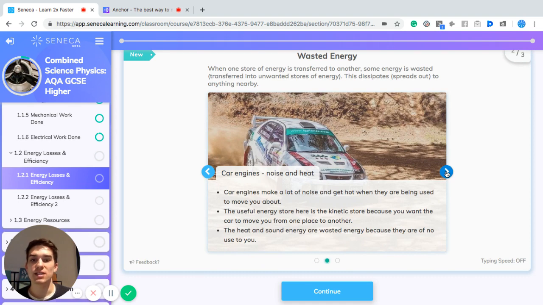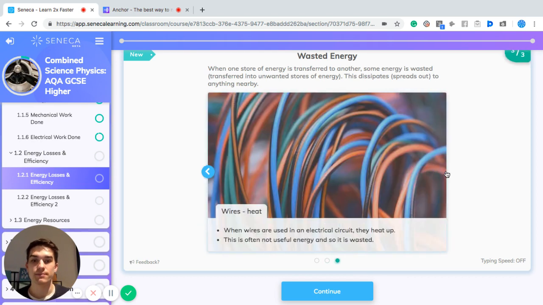But actually, a lot of engines make a lot of noise and give off a lot of heat, and that is a waste of different types of energy. So it's a waste of heat and sound energy, which aren't really of any use when you're thinking about what you want to get out of a car.